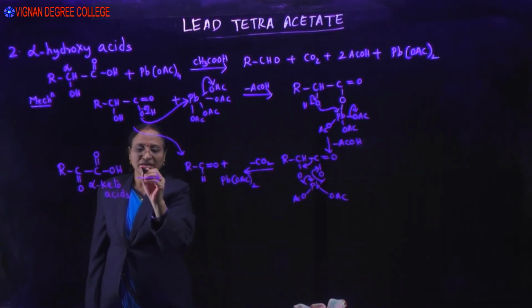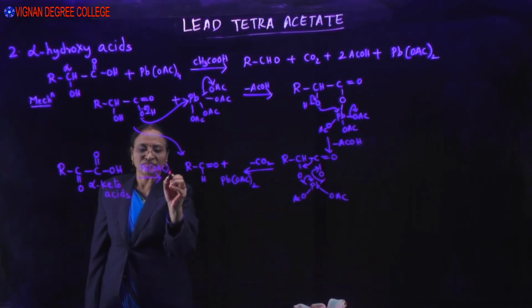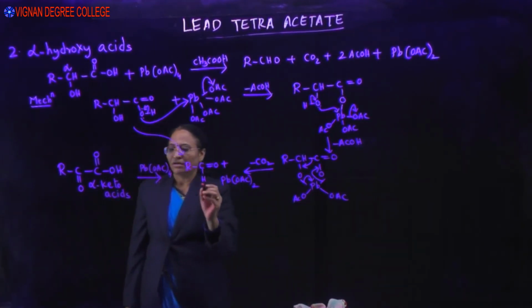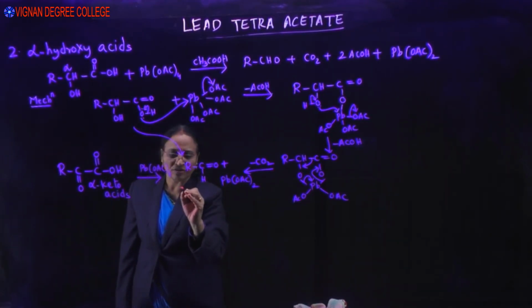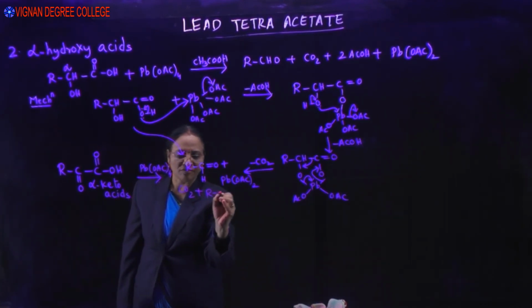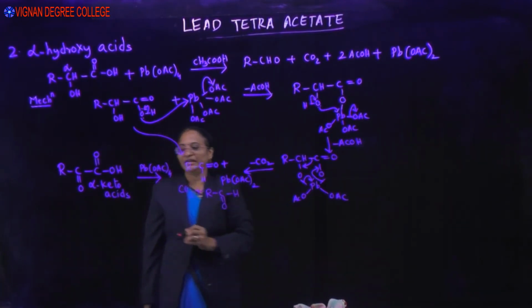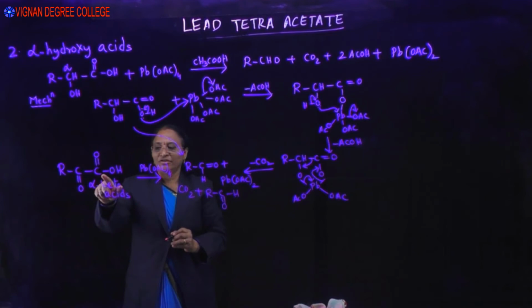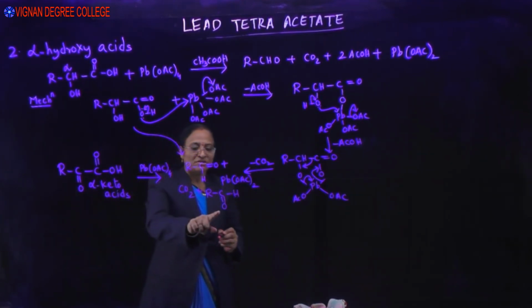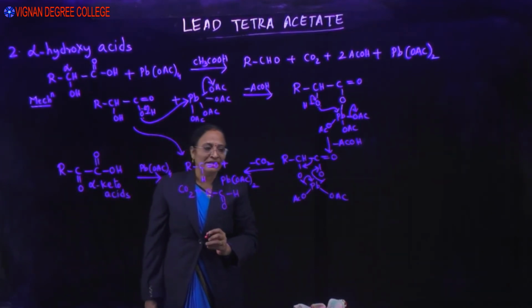Say this reacts with lead tetraacetate in a similar manner. With the elimination of carbon dioxide, it leads to the formation of an aldehyde. So this is also an oxidative decarboxylation of your alpha keto acids to give aldehyde by using lead tetraacetate.